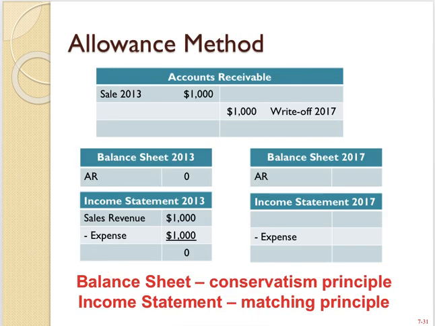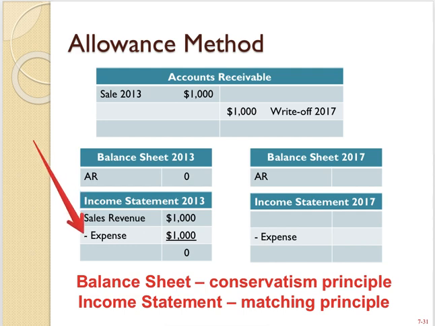So let me show you what the financial statements look like under the allowance method. Okay, so again, it's the same thing. The sale happened in 2013, the write-off in 2017. But what happens under the allowance method is your balance sheet starting in 2013 already shows 0. Okay, it shows, look, I don't think there's a future benefit there because we've tried calling. They haven't paid. I don't think it's there. The income statement also now matches the revenue with the expense because we have to record the expense every single accounting period.